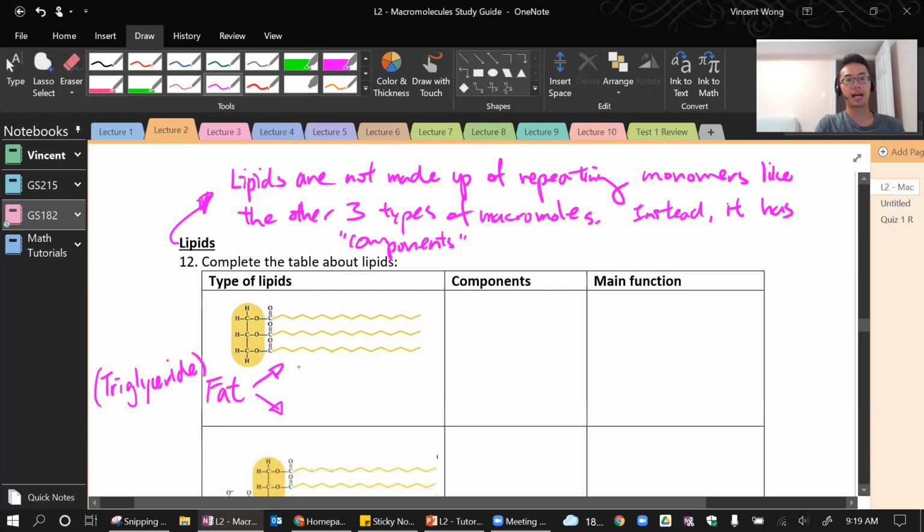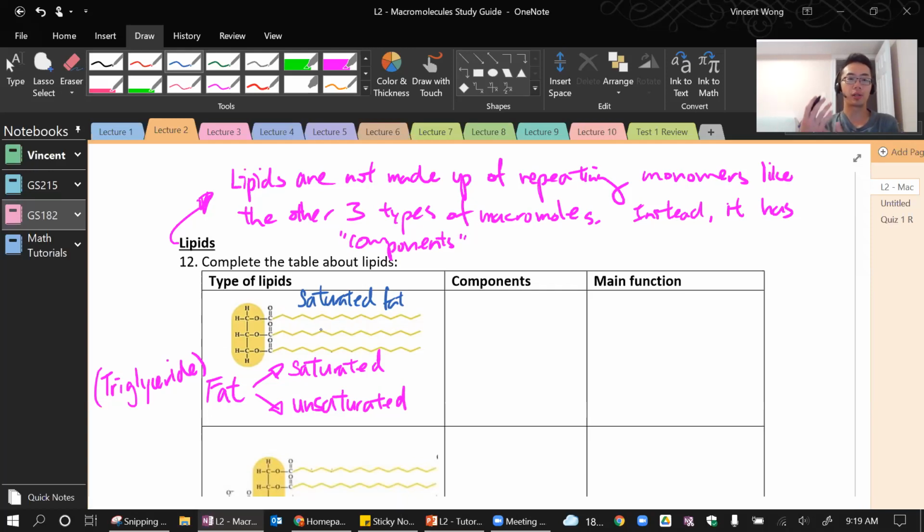So there are two types of fat: saturated fat and unsaturated fat. And we will talk about the differences and similarities later on. But this picture shows a saturated fat. Nevertheless, whether it's saturated or unsaturated, the components are the same.